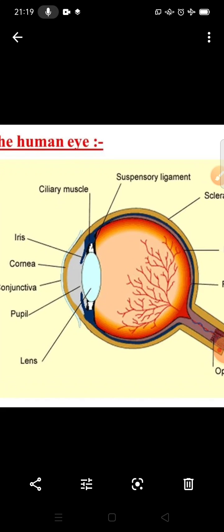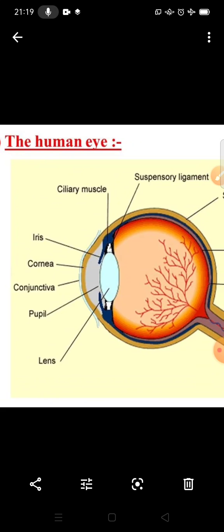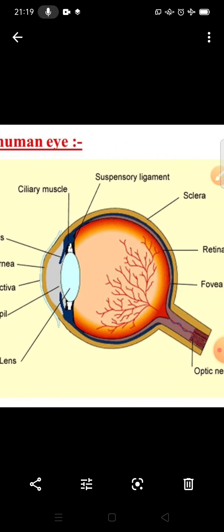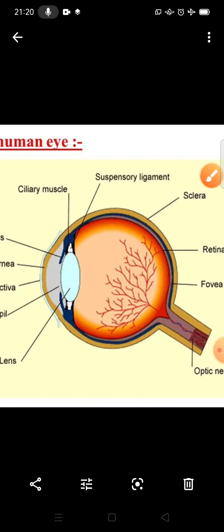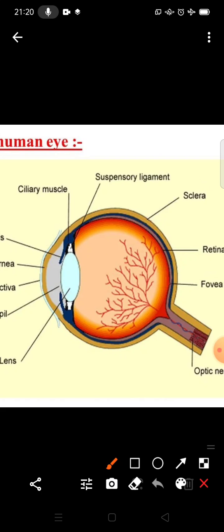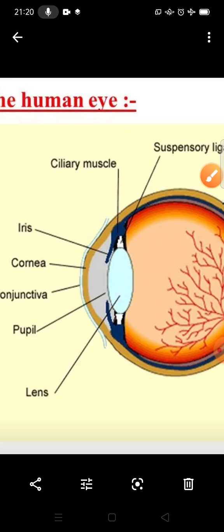Now you can see there is a lens also. Students, the light then passes through the lens.